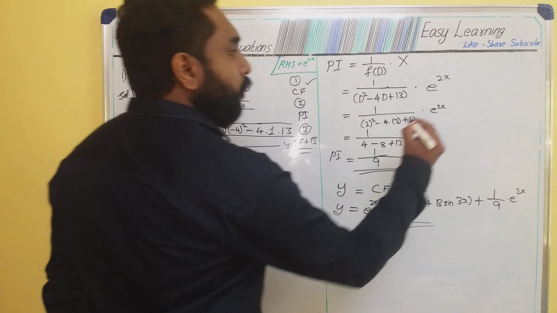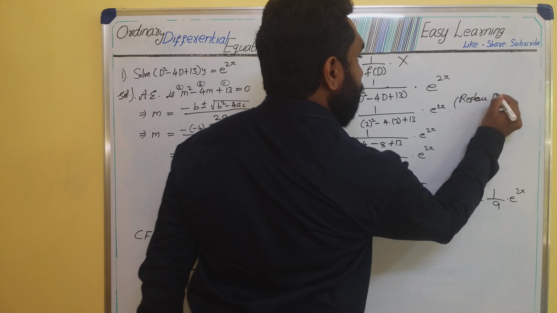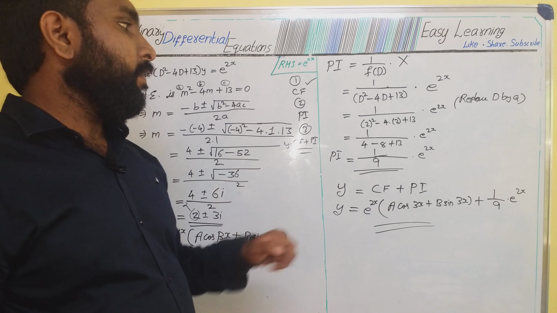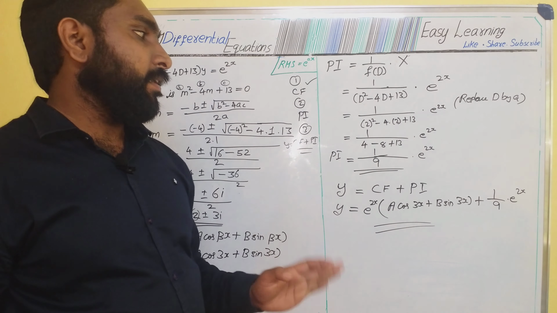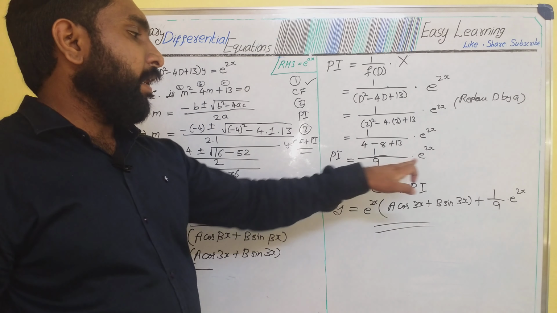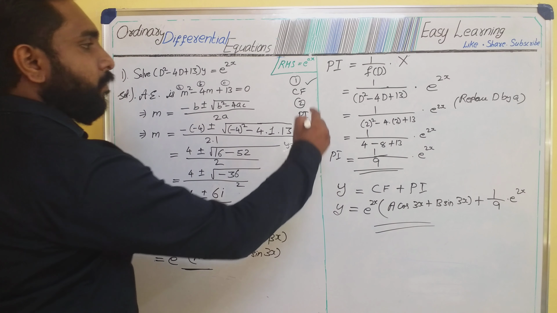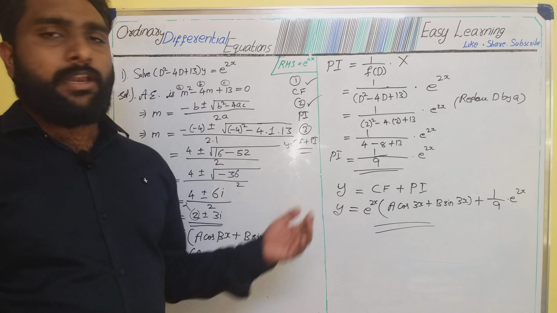So we replace d by a. Then again, that is 2 square minus 4 into 2 plus 13. We got the value 1 by 9 into e power 2x, that is the PI. So the particular integral is found. Second step completed. And the third step, y is equal to the complete solution.